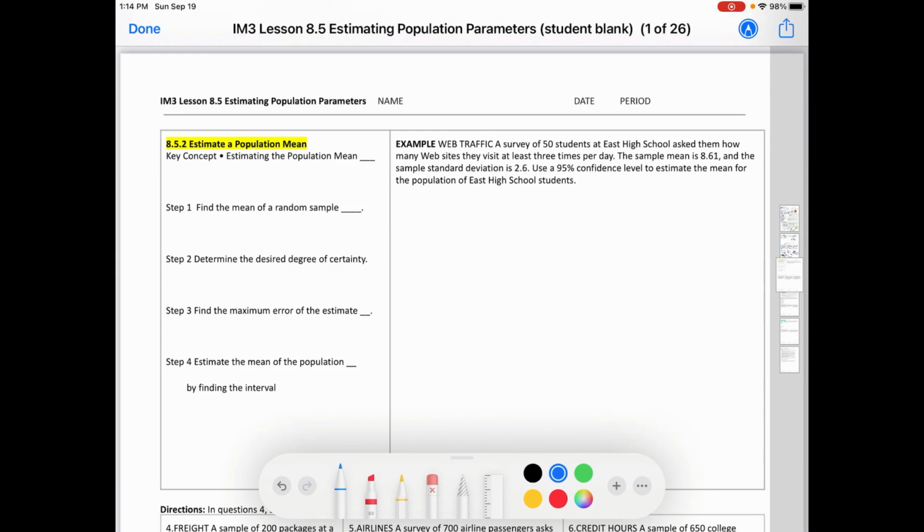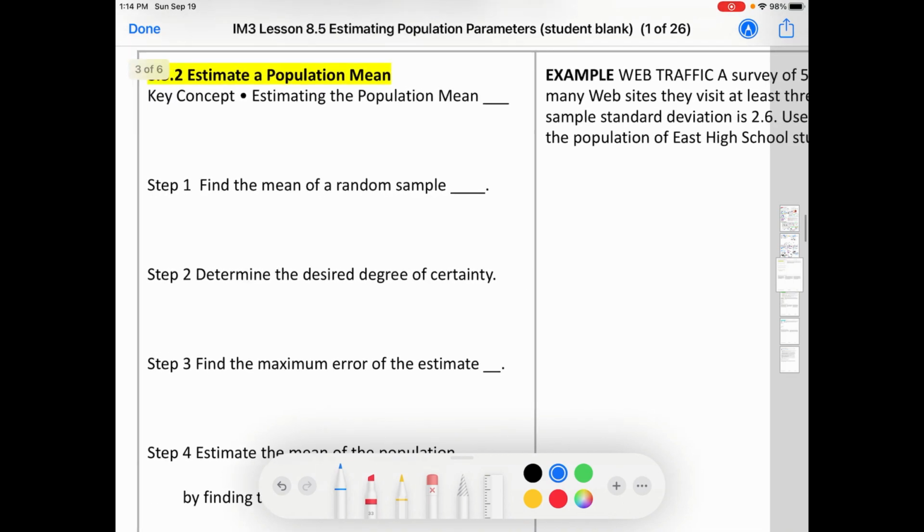And so if you think about the symbols, we need to find the mean of the random sample, and this is going to be x bar. This one is mu, remember, because that's the population. And the one I just did is from a sample.